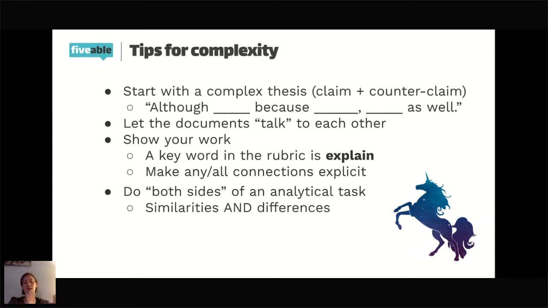Now, simply having similarities and differences doesn't guarantee you the complexity point, but if you have thoughtful analysis of similarities, thoughtful analysis of differences, and some place in your essay where you transition between the two and think about why similarities and differences can exist at the same time as each other, that's a great way to build complexity.